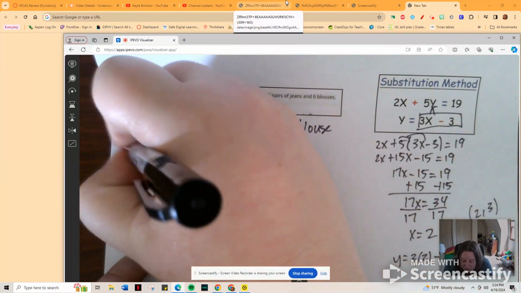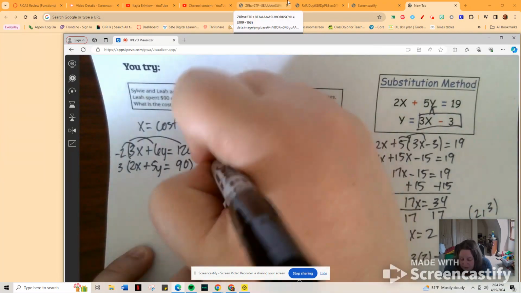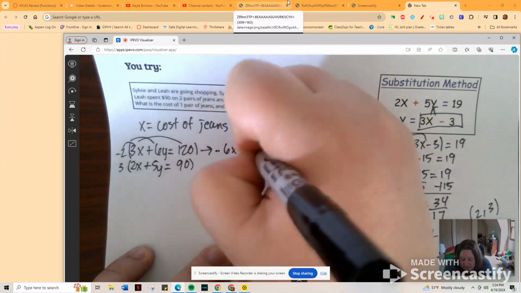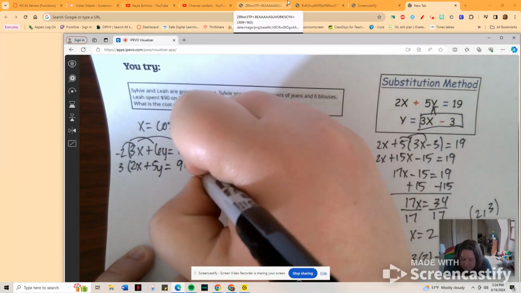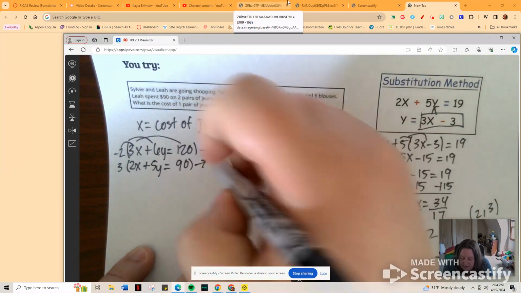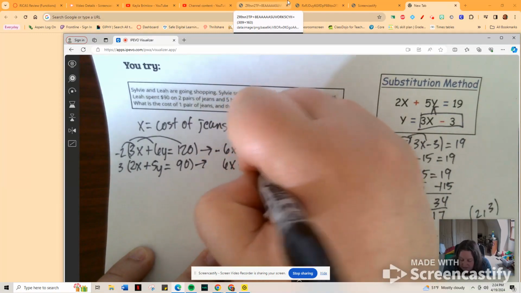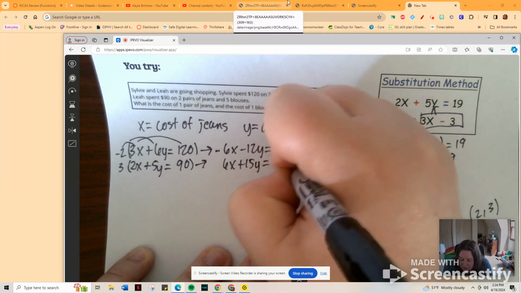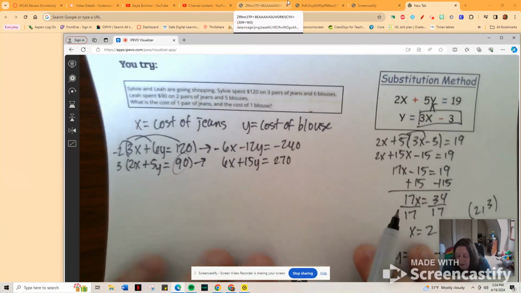So when I do that, I have to distribute this to every part of the equation to keep it equivalent. So this is going to become -6x minus 12y equals -240. And same thing here, when I distribute that 3, it's going to be positive 6x plus 15y equals 270. You also have to do it to this number at the end as well.